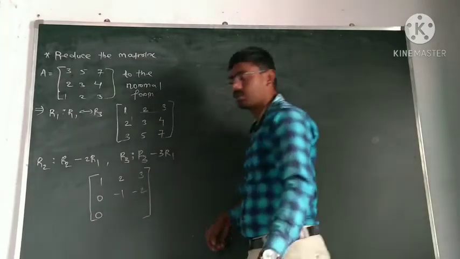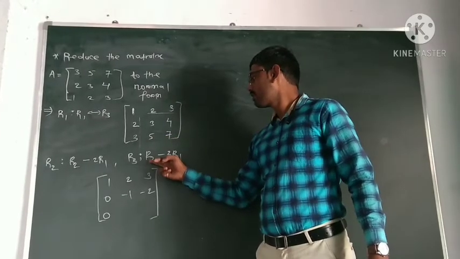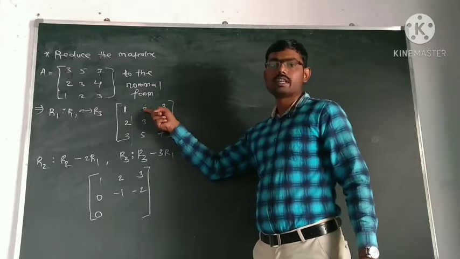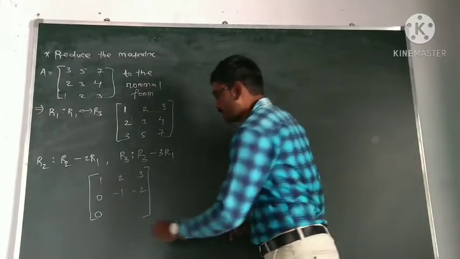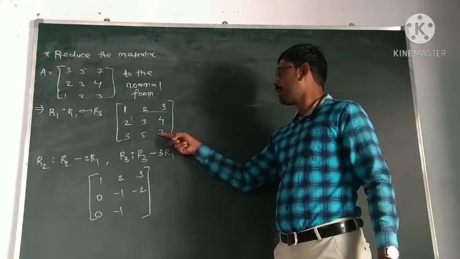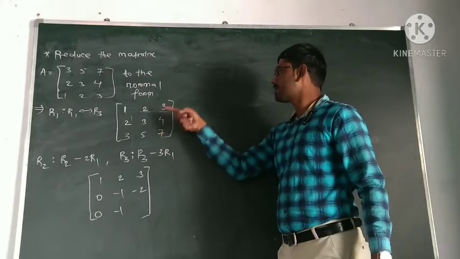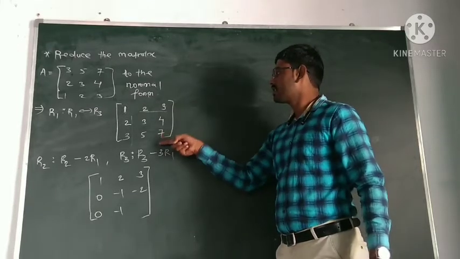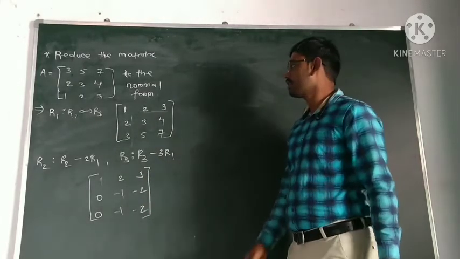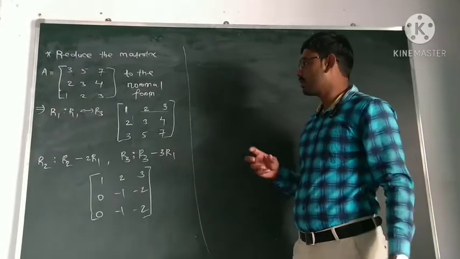This becomes 0. 5 minus 3 times 2; 3 into 2 is 6; 5 minus 6 is minus 1. 7 minus 3 times 3; 3 into 3 is 9; 7 minus 9 is minus 2. Okay, so our first target is over.